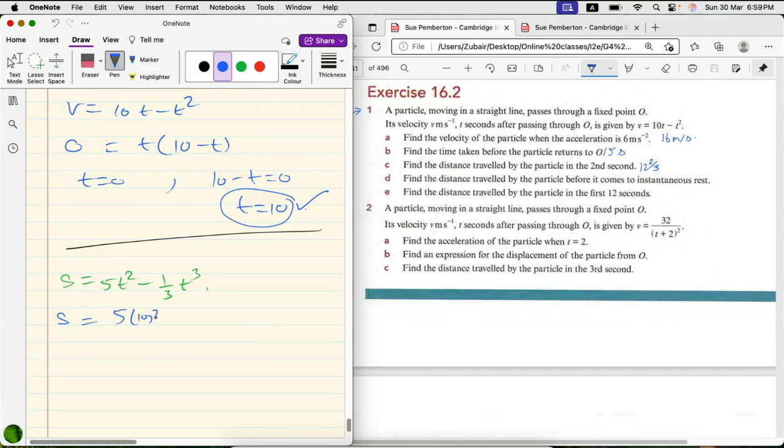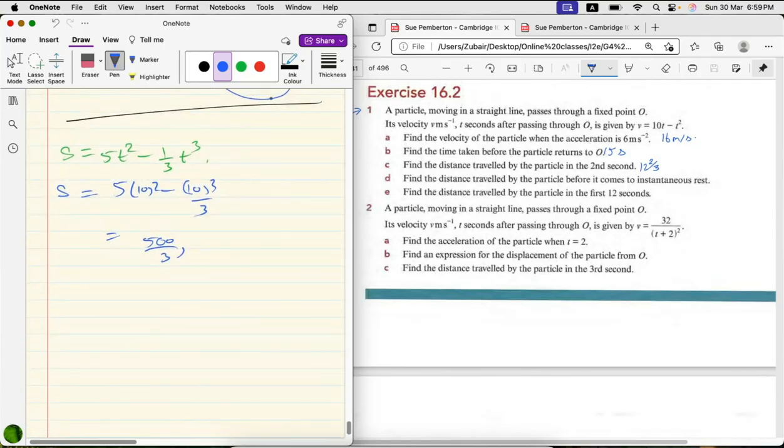This is 5 into 10 square minus 10 cube over 3, using calculator. Getting 500 over 3 at 10. Now at 12 is 144.